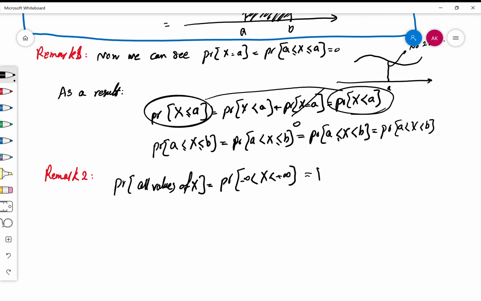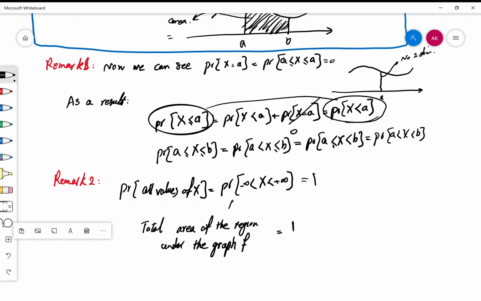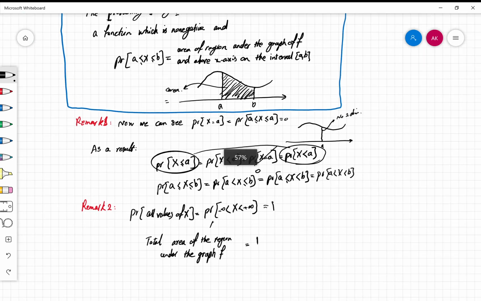In other words, the total area of the region under the graph of the PDF f is equal to 1. So this is also another condition, another thing that we will see and we will use.